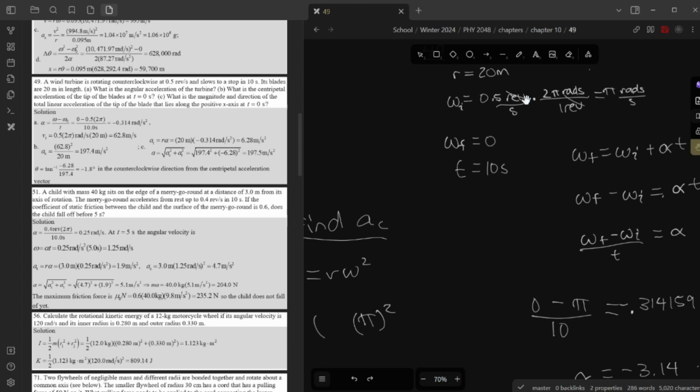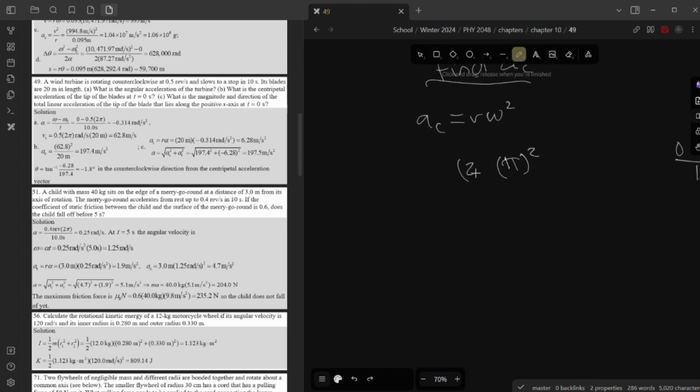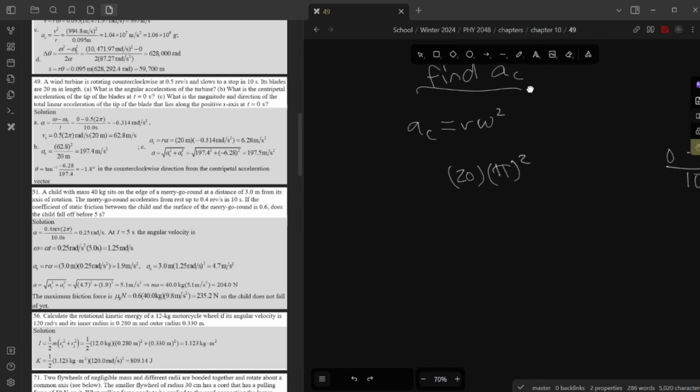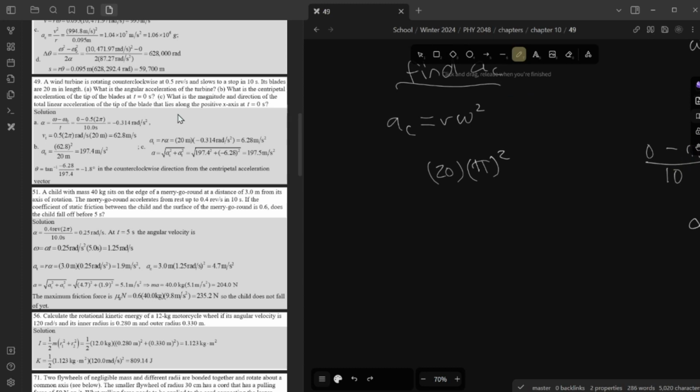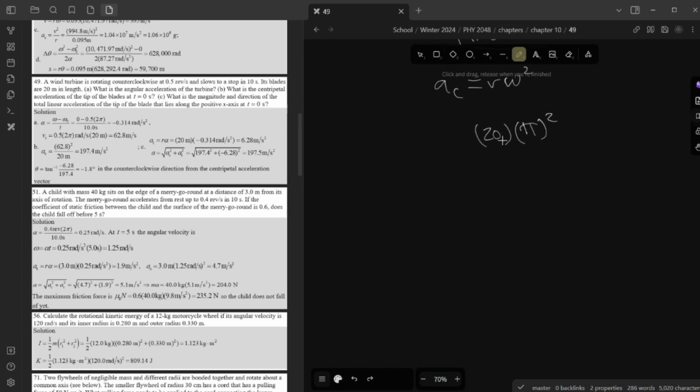This blade's 20 meters in length. So 20. For the turbine itself, I'm kind of imagining something like this. Because it's not really asking us about a moment of inertia, but yeah, I guess if it has length 20. But anyways, this is 20 times pi squared.